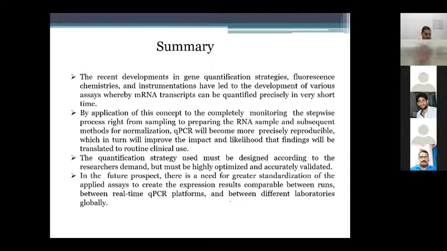Because when one assay is conducted in India and in other countries, there is slight variation. So more and more standardization of this technique is needed. Still some lack is there, so that inter-assay variation and inter-platform variation is normalized or minimized.